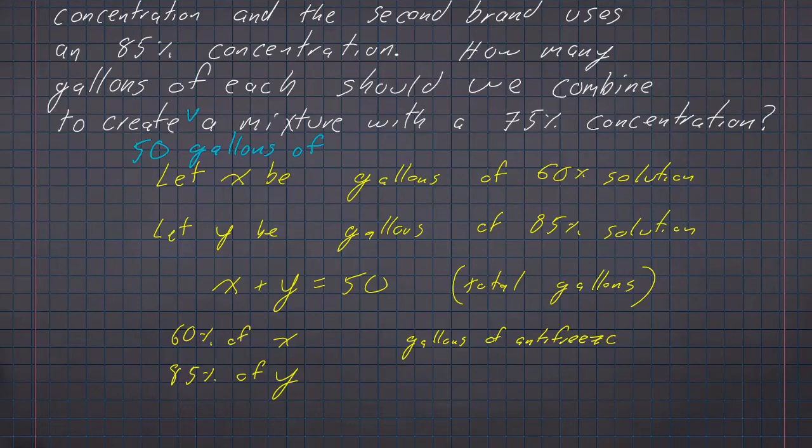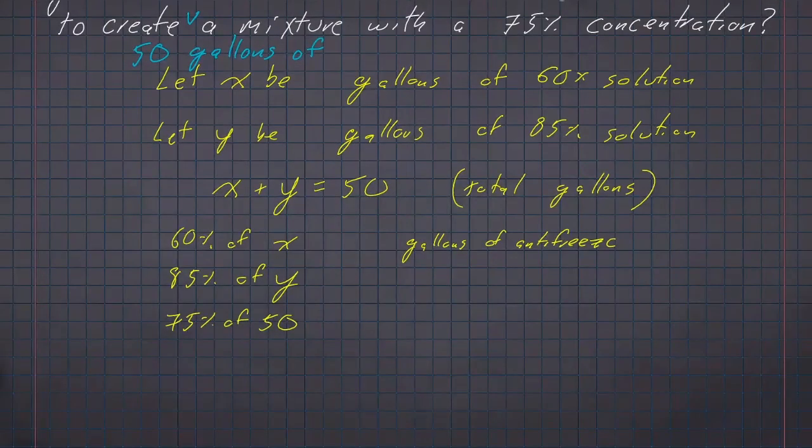And then finally, if I take 75% of 50, that's how many gallons of actual antifreeze I need in the solution I end up with. And I get that 75% of 50 actual gallons of antifreeze in my final solution by tracking the number of gallons of actual antifreeze in each of the two solutions we combine together. So I want to take 60% of X, which is 0.6X.